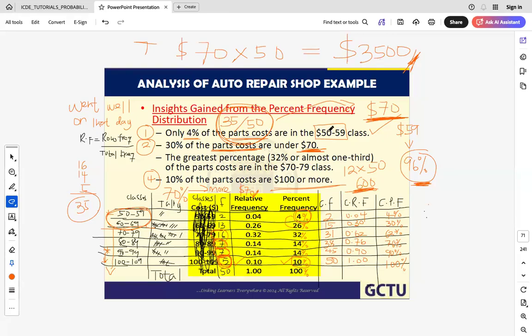But unfortunately, the 50 invoices the manager has, some of them are less than $70. So he wanted to have a better picture about it. And the picture is that 15 of the invoices are less than $70. But 35 of the invoices are more than $70.